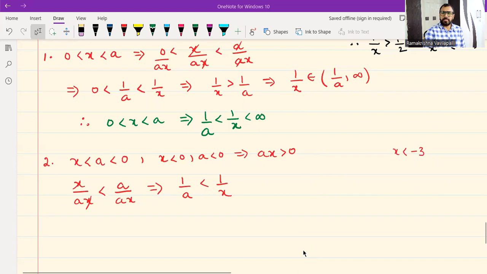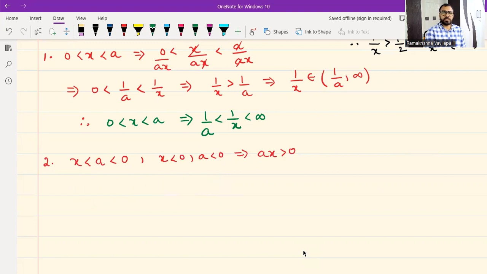So here I have taken a slightly wrong inequation. I have to take x should lie between a and 0. This is a. x is a variable. x lies between two numbers that are negative numbers. So now you see, here a is negative, x is negative. So therefore a into x is positive.